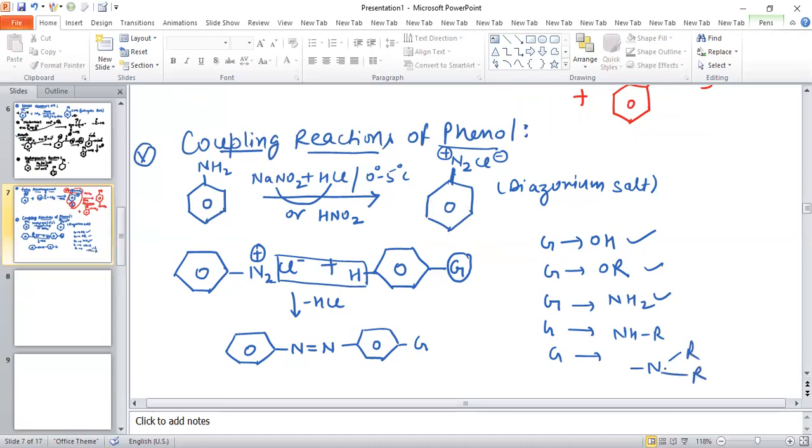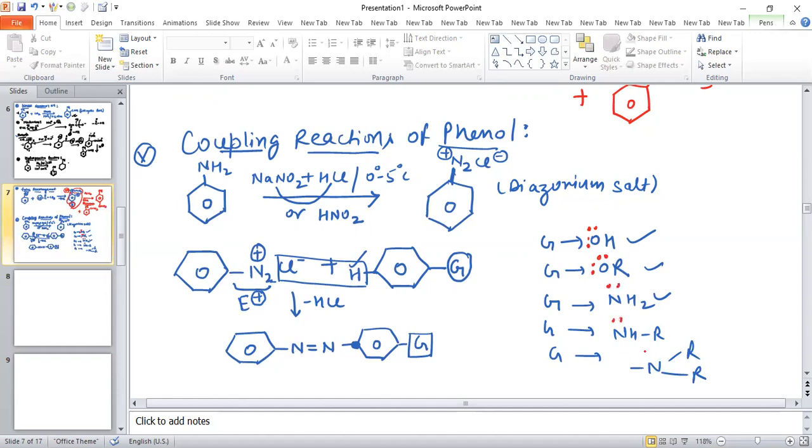So why are these groups the only ones? Because we are removing the hydrogen para with respect to this group, and this is basically the electrophile. So electrophilic substitution occurs at the para position with respect to this group. It means all these groups are plus M groups. You can see there is a lone pair on oxygen, and there is a lone pair on nitrogen.